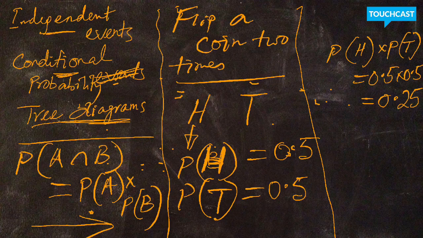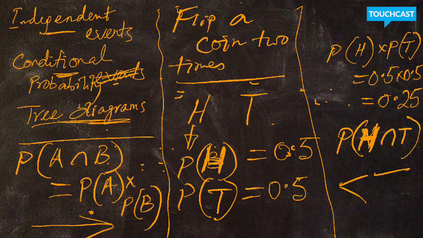Now, can we simply work out the probability of getting a head and a tail? We know from the tree diagrams, head and a tail, we got to multiply these two probabilities, and that'll give me 0.25.